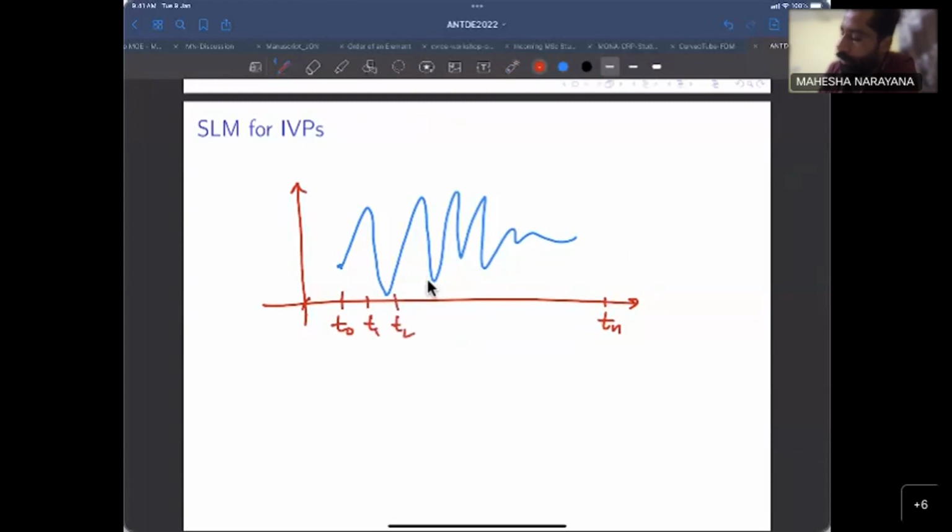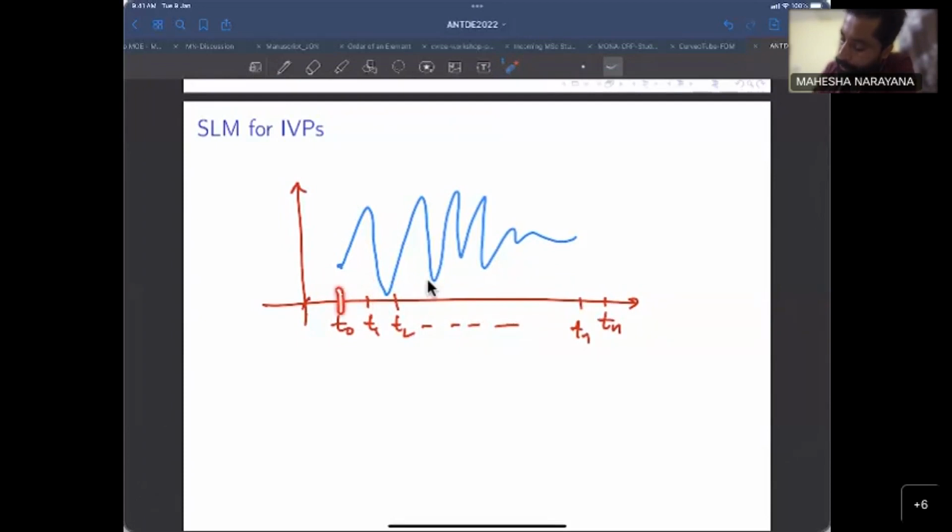So solve in the interval T0 to T1, and solve the same problem in the interval T1 to T2. When you solve it over T0 to T1, you get that part of the curve. When you solve it from T1 to T2, you get another part.